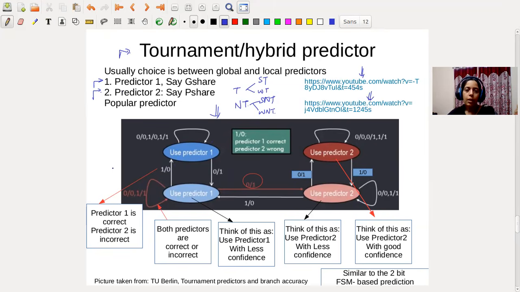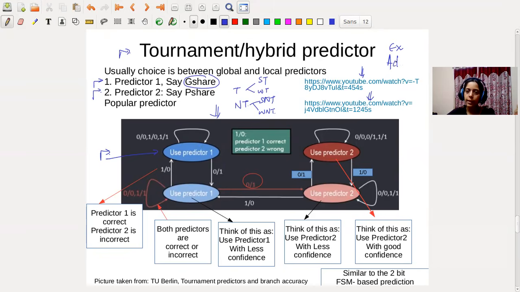So just to explain this FSM, let us say we start off in this particular state here, where we say use predictor 1. This predictor 1 could be, for example, G share. So you will go ahead and take the predictions from the G share predictor. Now, after you calculate the EX stage of the branch and you actually resolve the branch, you will find out if the prediction is correct or not.